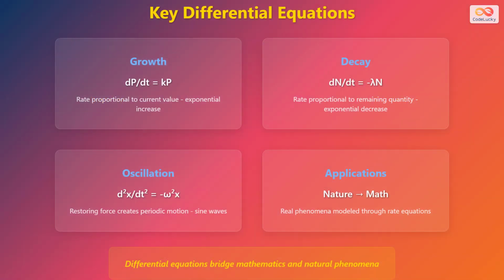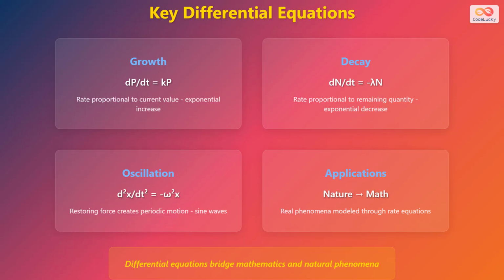In summary, we have explored several key differential equations. The growth equation, dp/dt = kp, describes exponential increase where the rate is proportional to the current value. The decay equation, dn/dt = -lambda n, describes exponential decrease where the rate is proportional to the remaining quantity.